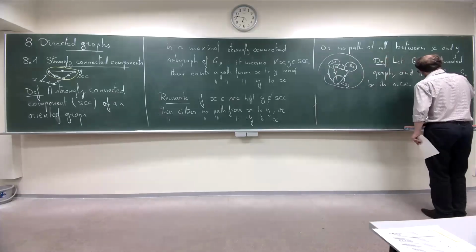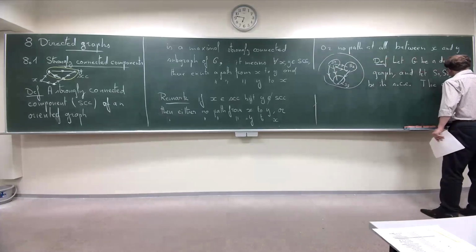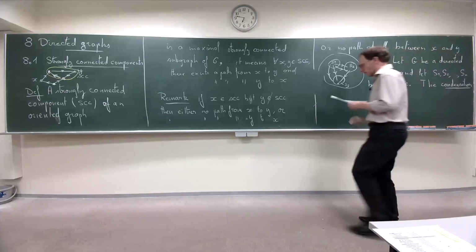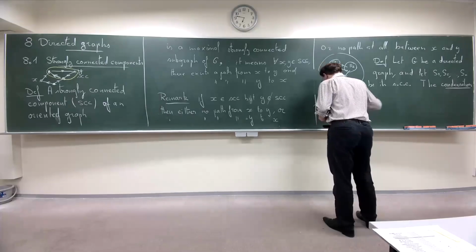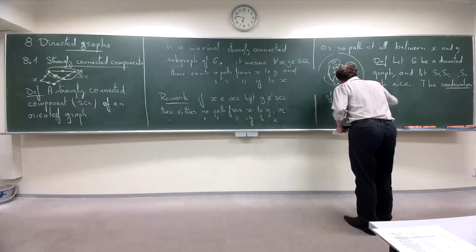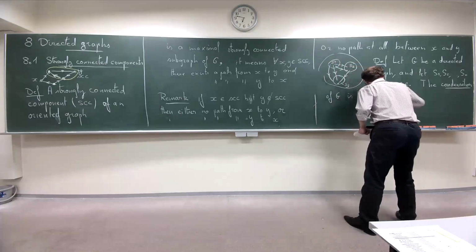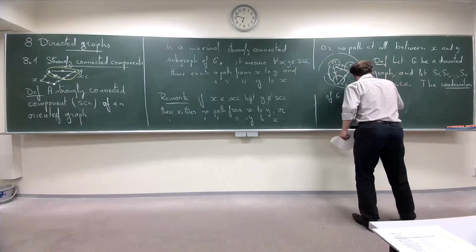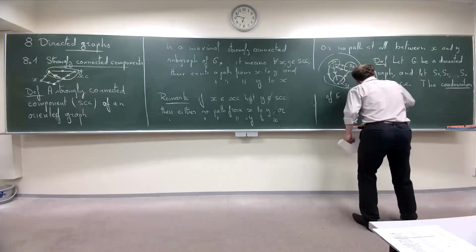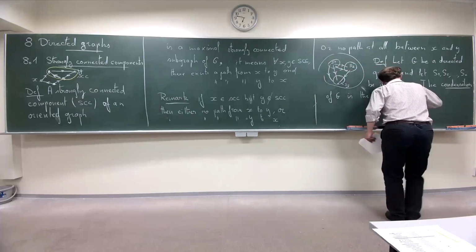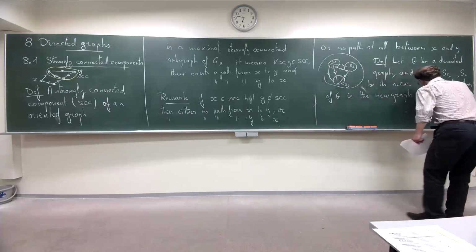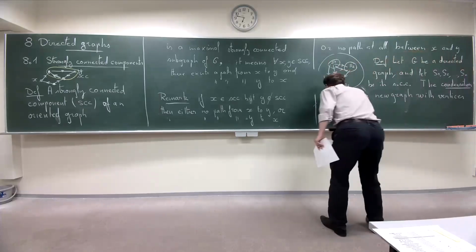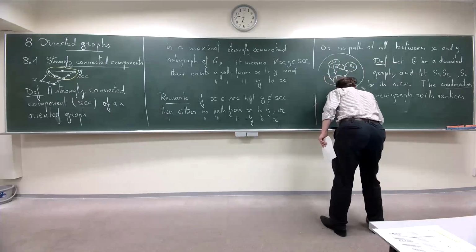Then what is the condensation? The condensation of G is a new graph with vertices S1, S2 up to Sn.